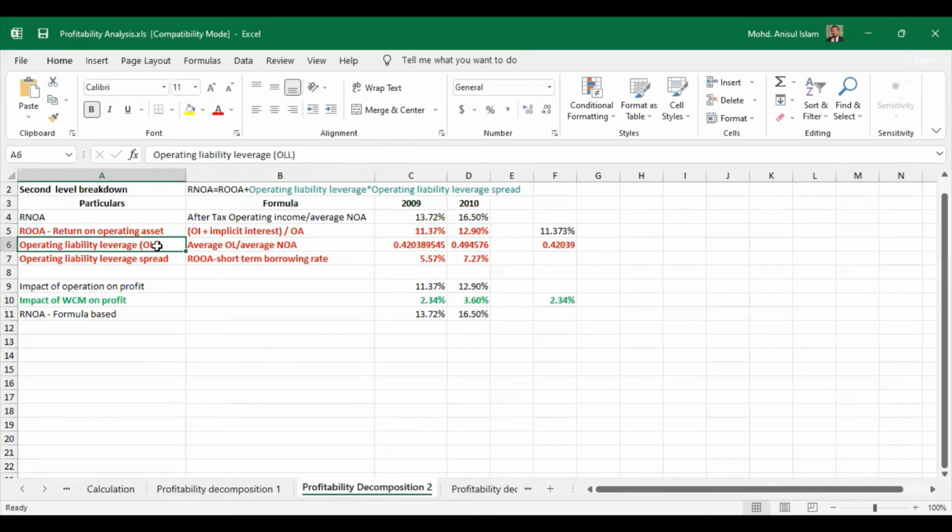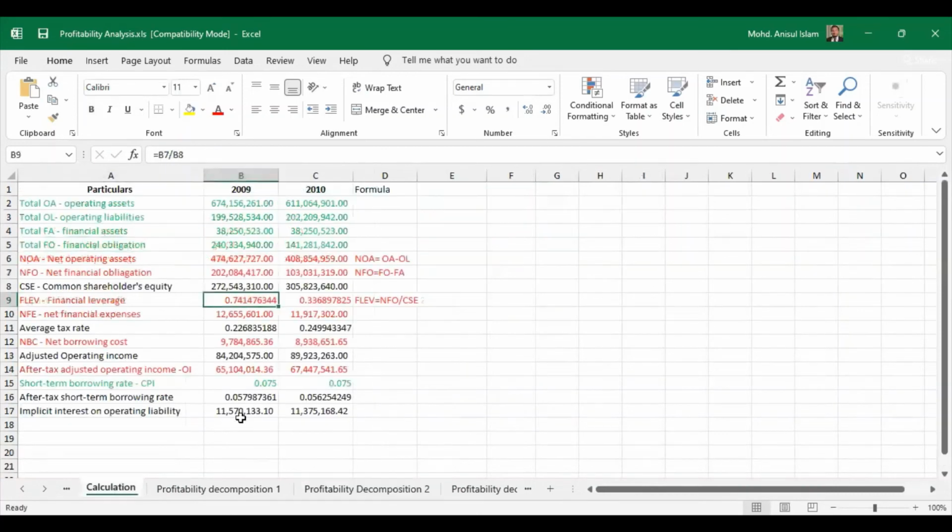Now we would like to estimate the spread by subtracting the short-term borrowing rate, which we approximated here as 5.79, and 5.62 in 2010.